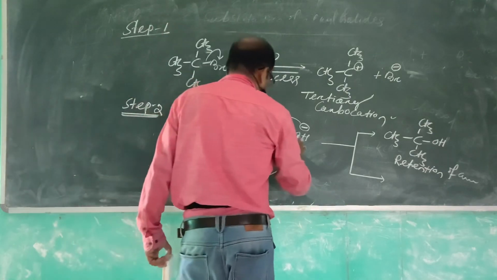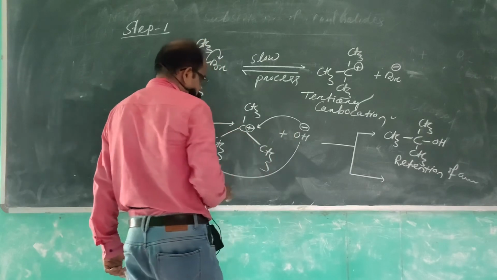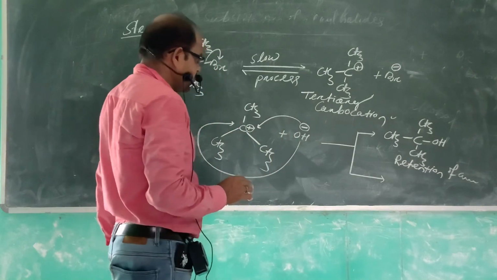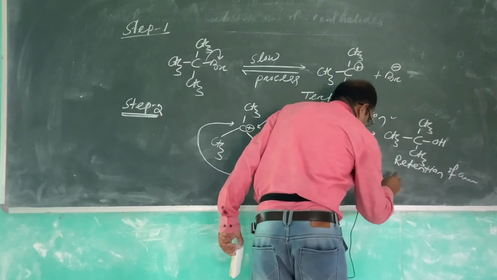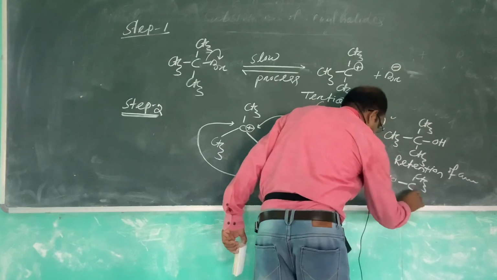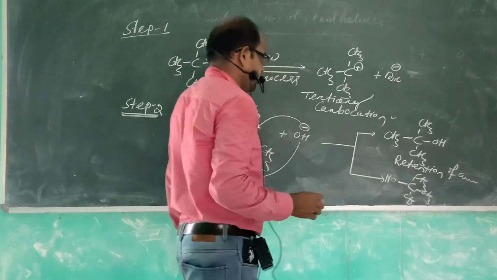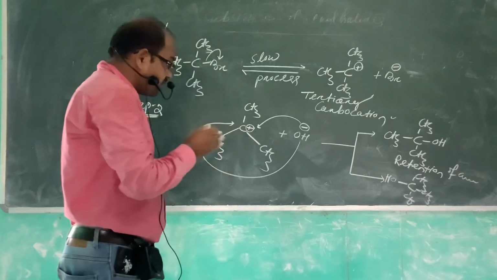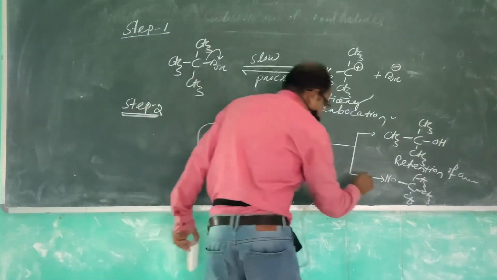In the other form, the OH group attaches to the tertiary carbocation from the back side, and we get the inverted product, where the OH group is attached to the side opposite the leaving halide.